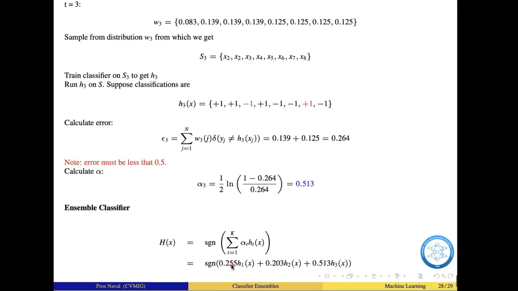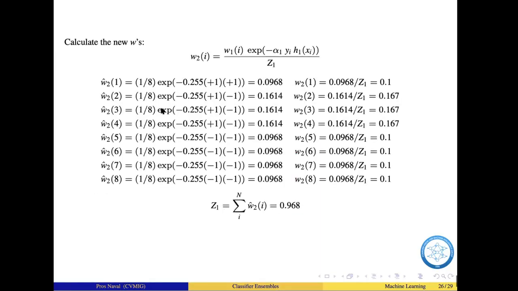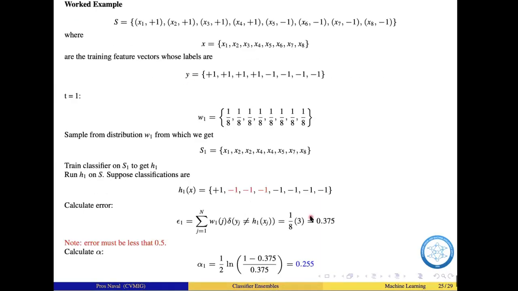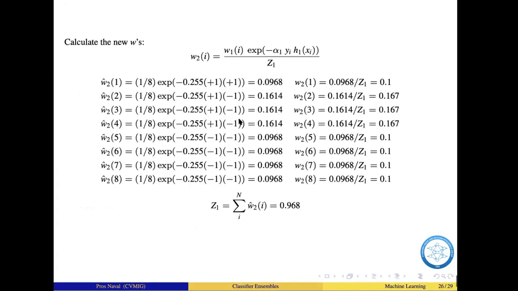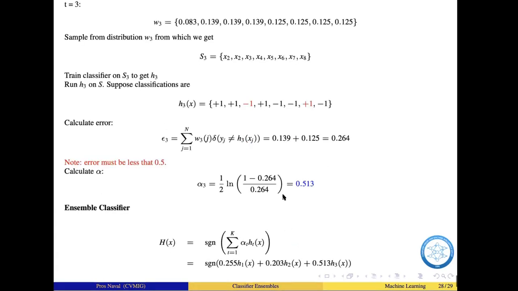So 0.255 and 0.203 are the alphas for the first and second iterations. Here we just set k equal to 3 because we're already tired of calculating.